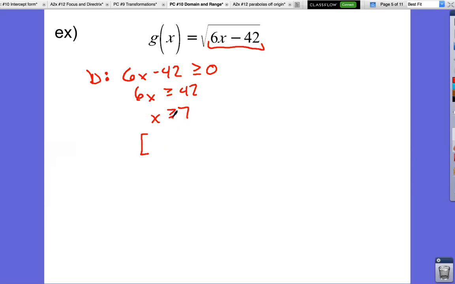Because it's or equal to. The or equal to is what makes it a bracket. So it has to be greater than or equal to 7. So bracket 7. If I want everything bigger than that, it goes to positive infinity.